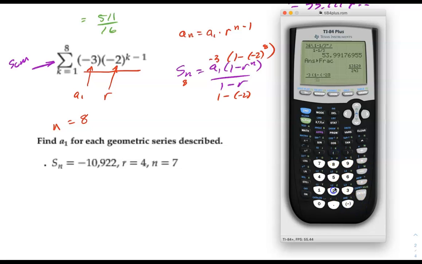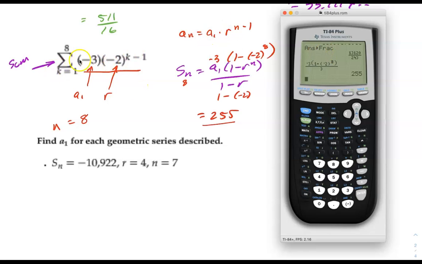Make sure you put this in parentheses because it does matter, to the 8th power. In this case, it'll just be a positive value because it's an even power. All over 1 minus -2. And you get 255, right? Because these cancel out and you're really just doing this right there. So 255 is the sum of the first 8 terms of the sequence.